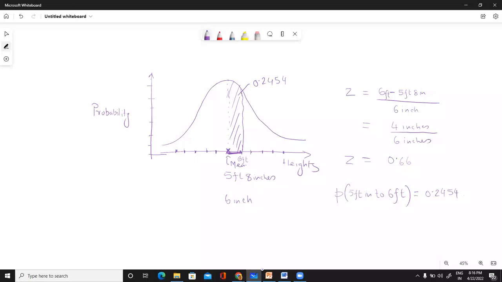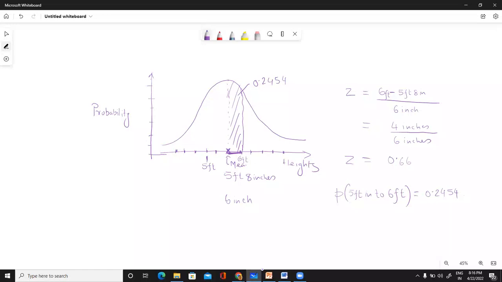So similarly, we can try to calculate the area under any part of the curve. So there can be different situations like that. In this case, given all the data the same, what is the probability of getting a height between 5 feet and 5 feet 8 inches?